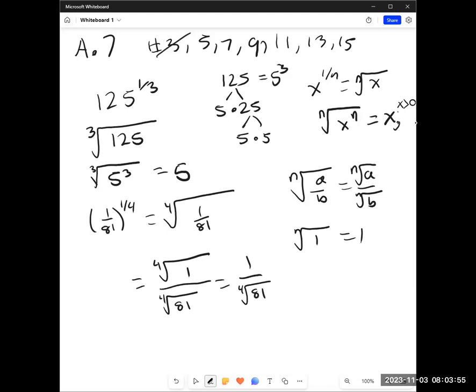So now I need to write 81 as something to the 4th power. That's 1 over the 4th root of 3 to the 4th. So that's going to be 1/3.